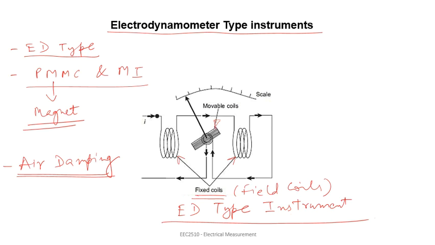So the major constructional features, if we write down at one place. It will have fixed coils, which we may also call field coils. The main purpose of the fixed coil is to produce the required magnetic field. This coil is divided into two sections to give a more uniform field near the center and to allow the passage of the instrument shaft.